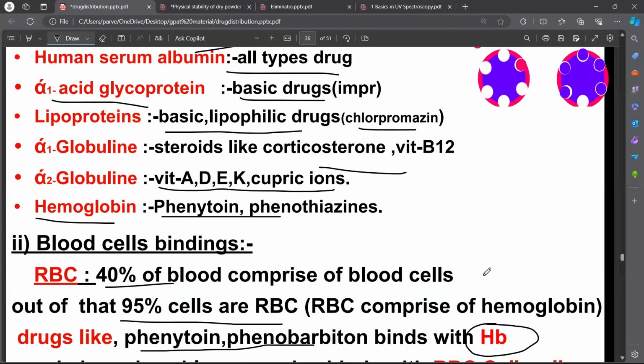Guys, come on, I want a clear answer. Basically, depending upon the oxygenated state, it can exist in the ferrous and ferric state.